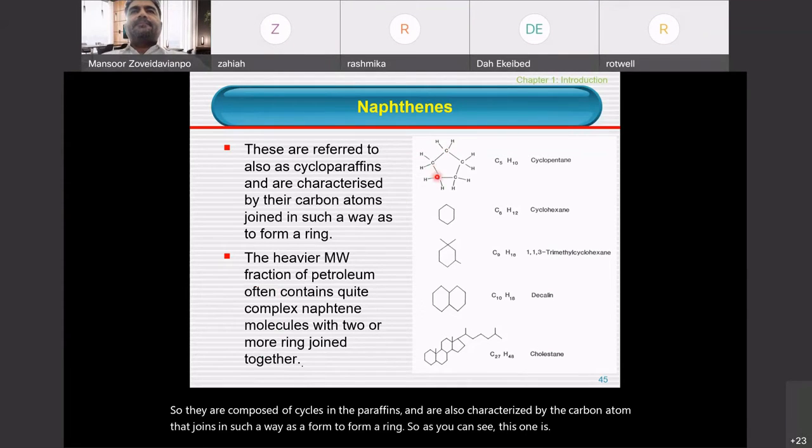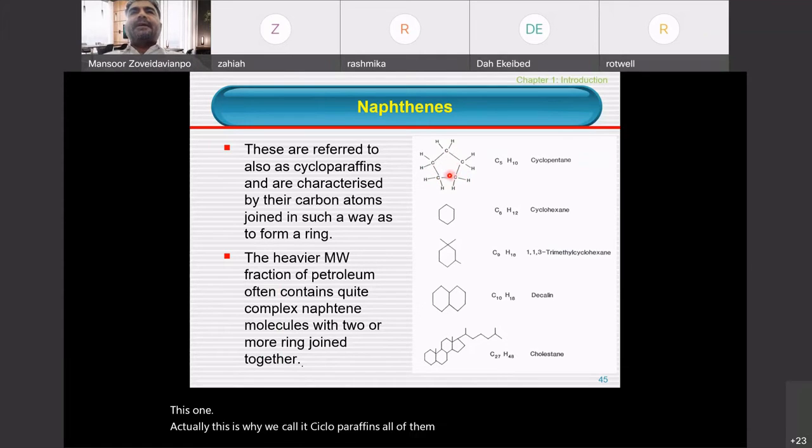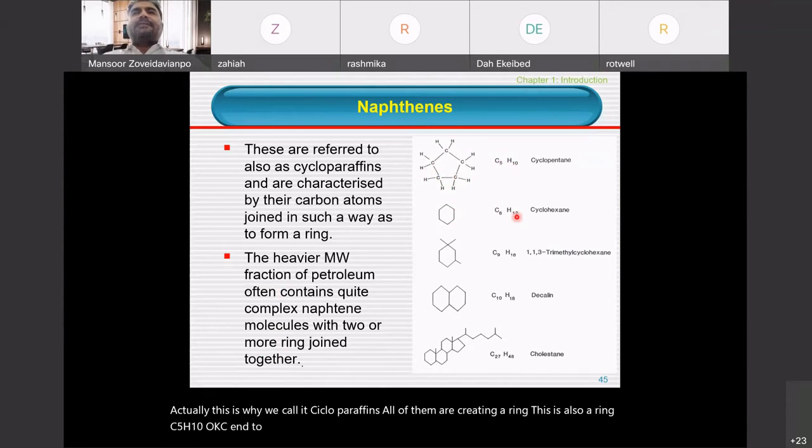This is why we call them cycloparaffins. All of them are creating a ring. This is also a ring, C5H10, CnH2n. This one is CnH2n too.